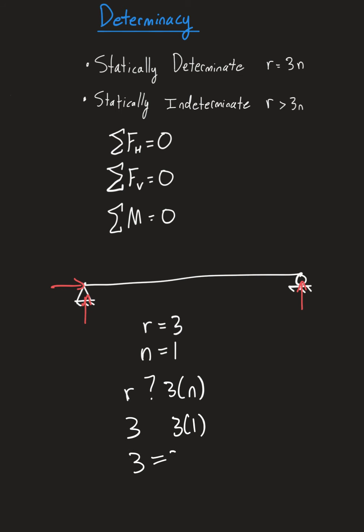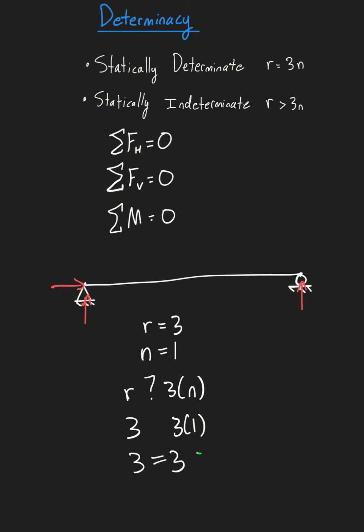So 3 equals 3. From up here, we saw that if R equals 3N, that means it's statically determinate. That means we can use these 3 equations to solve for all of our reactions, and we have enough equations to solve the problem.